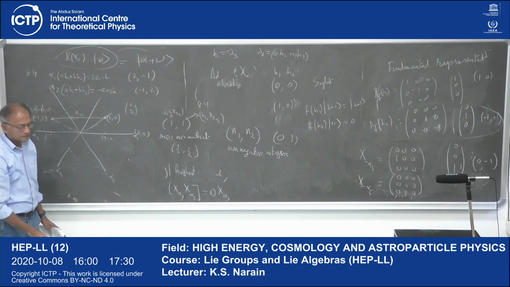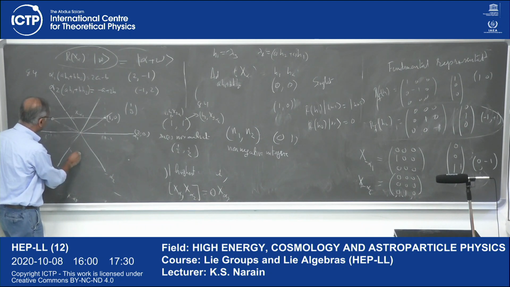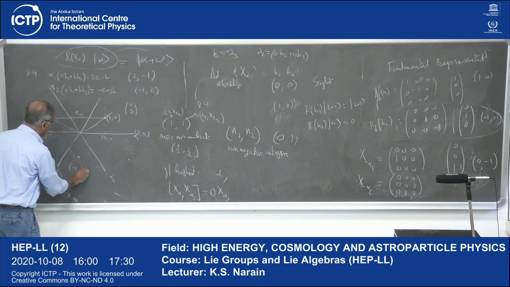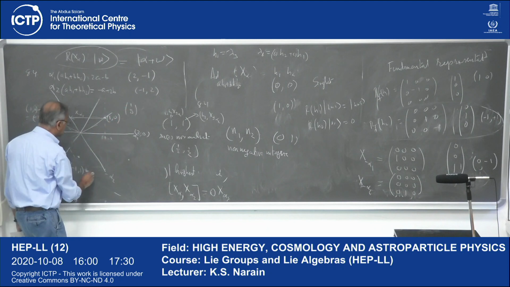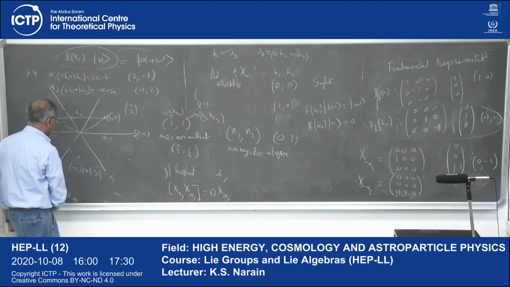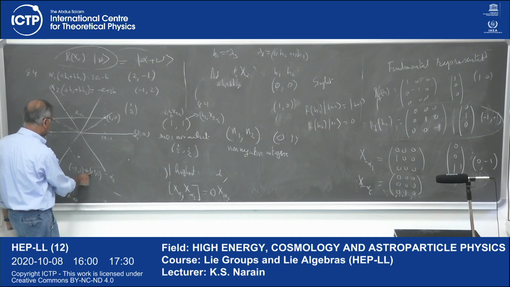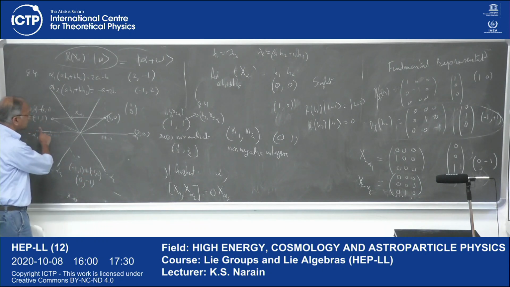And now I apply X minus alpha 2. So I get minus 1, 1 plus minus alpha 2, which is minus 1, 2. So this becomes 0, and that becomes minus 1.